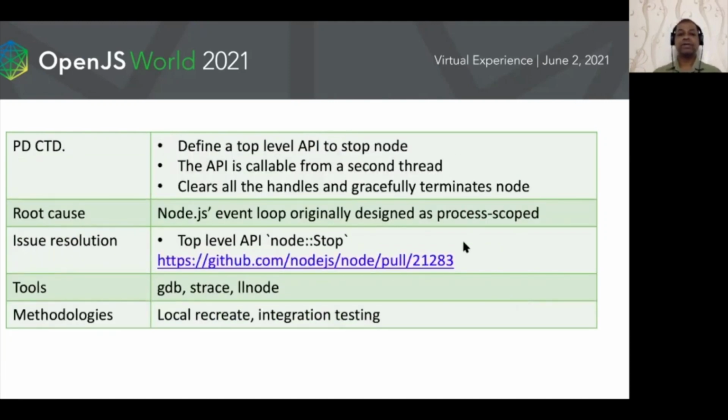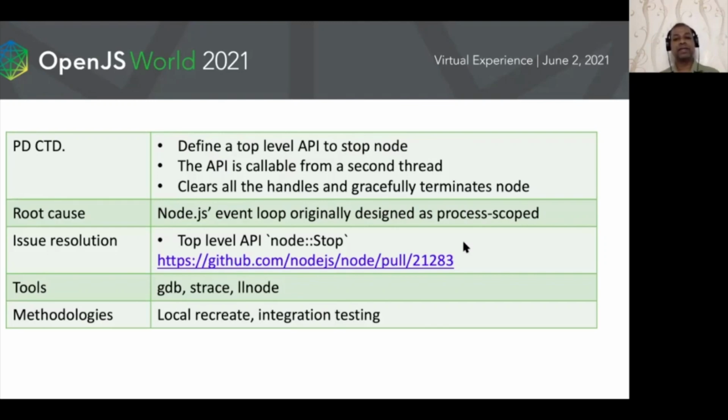So that's where we need a mechanism to shut down the Node.js instance specifically and in a custom manner, where the event loop is quashed and it silently and gracefully comes out of all the processing so that the embedder can continue. So the way the stop API, which was proposed, works is like this.